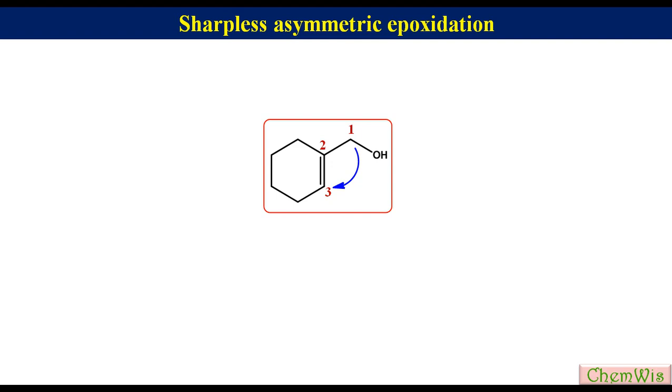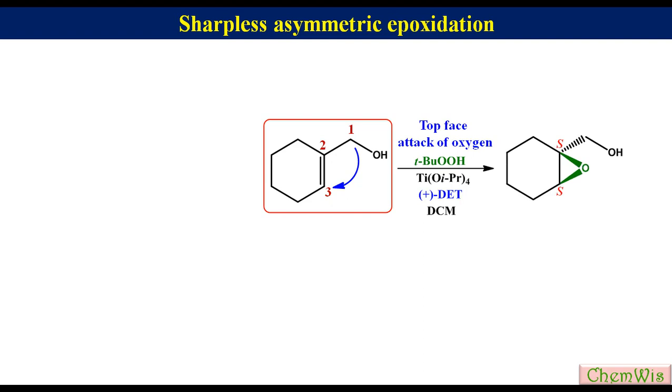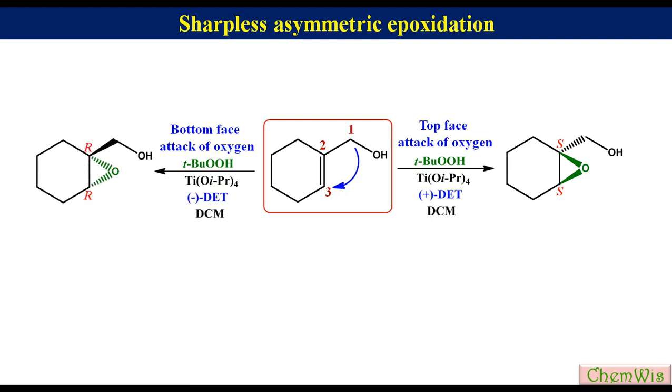Since the direction of arrow is clockwise, presence of plus DET will favor top face attack by the oxygen to produce SS epoxide as the major enantiomer, while presence of minus DET will favor bottom face attack by the oxygen to produce RR epoxide as the major enantiomer.